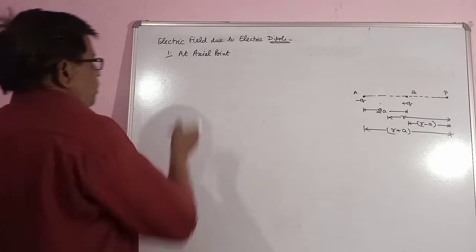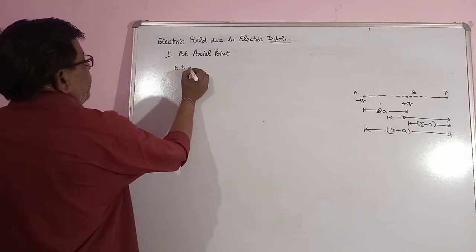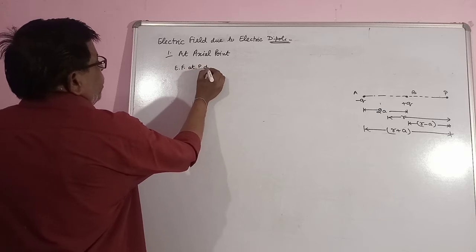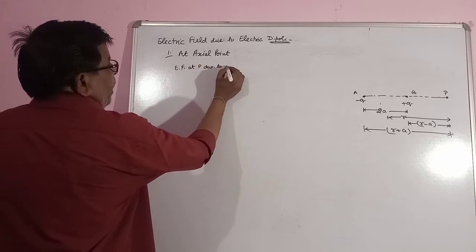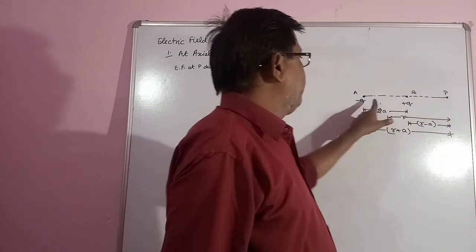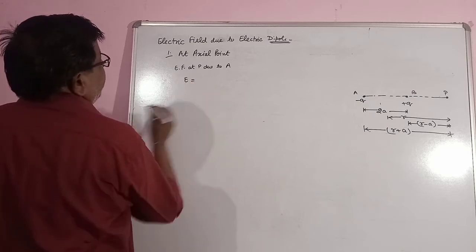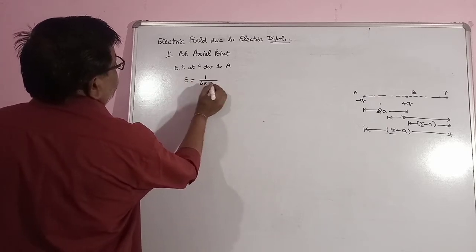Now, come to the calculation. Electric field at P due to A. The formula of electric field is E equal to 1 over 4 pi epsilon naught.